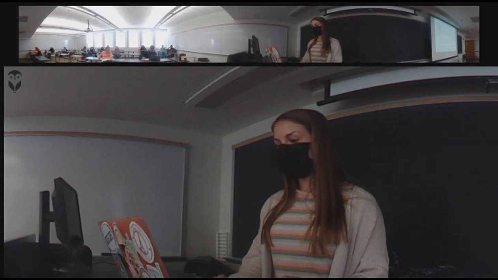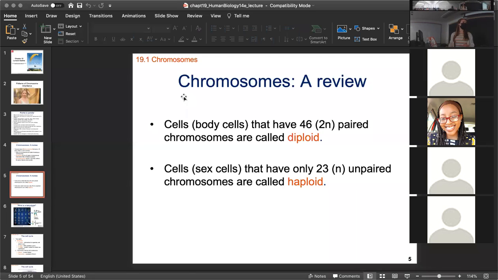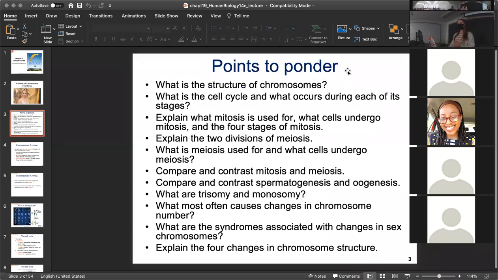But chromosomes are essentially tightly wound DNA wrapped up on itself with some proteins to create 23 pairs. And these 23 pairs are what makes us unique. Each location is a different trait. So what we're going to talk about today is the structure of chromosomes. What do they look like? How does their structure help with their function? And what is that function?